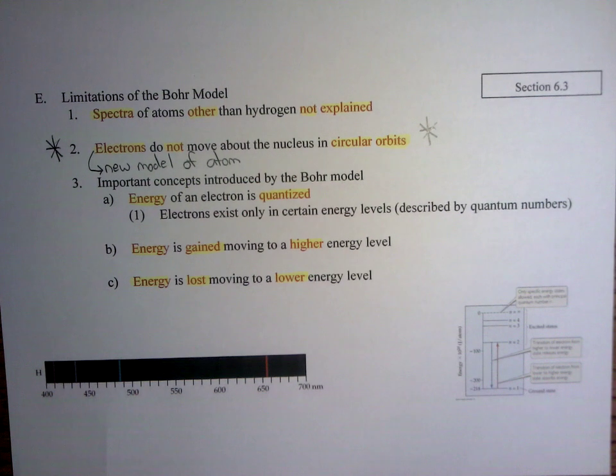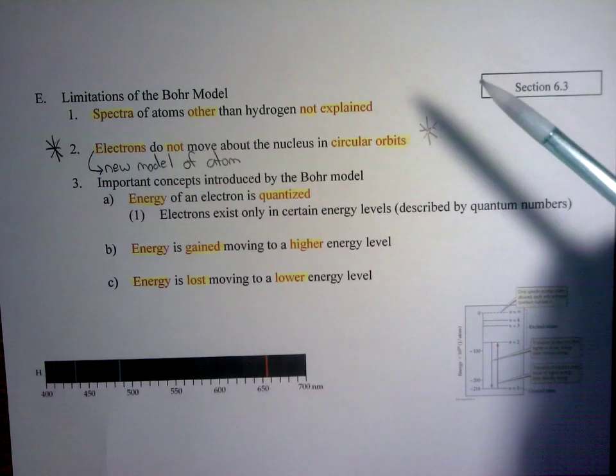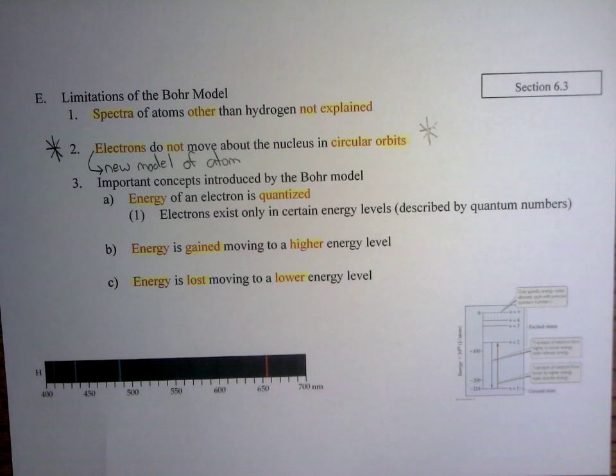So again, the big takeaway here is that, okay, light can help explain electrons. We know from the model that it could explain what happens to hydrogen in terms of the Bohr model. However, because the model fails in explaining every other atom, we need a new model.